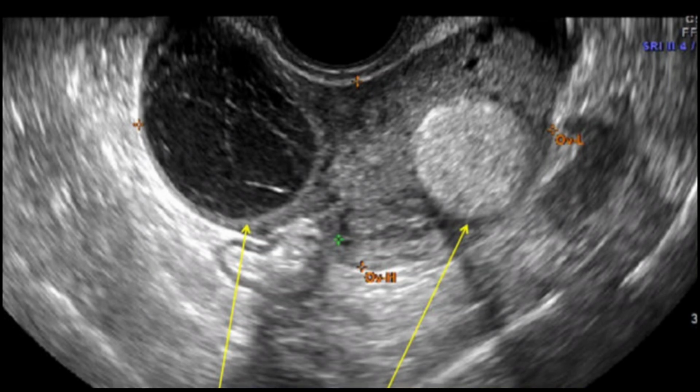But on the right side there is another dermoid cyst, in which you can see an echogenic nodule within the cystic lesion, and this is again a dermoid cyst. So these both are dermoid cysts. There is no need for any follow-up scan.